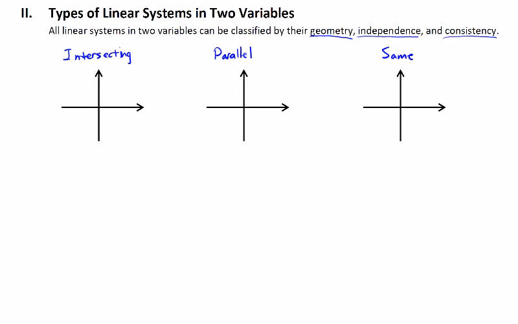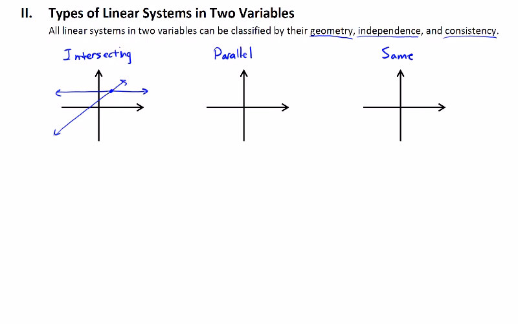So for intersecting, that would be any two lines that end up intersecting at one point in the Cartesian coordinate plane. When this occurs, and this is what happens a lot, you will get two lines in a system, and they will end up crossing each other at some particular point.